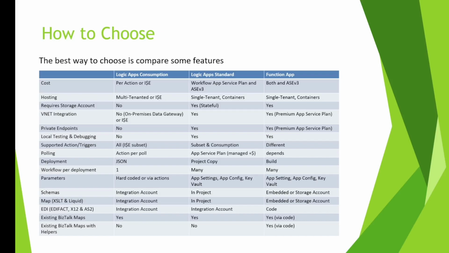But function apps can also run in an app service plan. And they can also run in the same app service plan as your website. So if you're using them in conjunction with your website, you could put all of that in one. That would consolidate your cost. We're going to get into some of the other good features around containerizing a little bit further down. So some of these will run in containers.